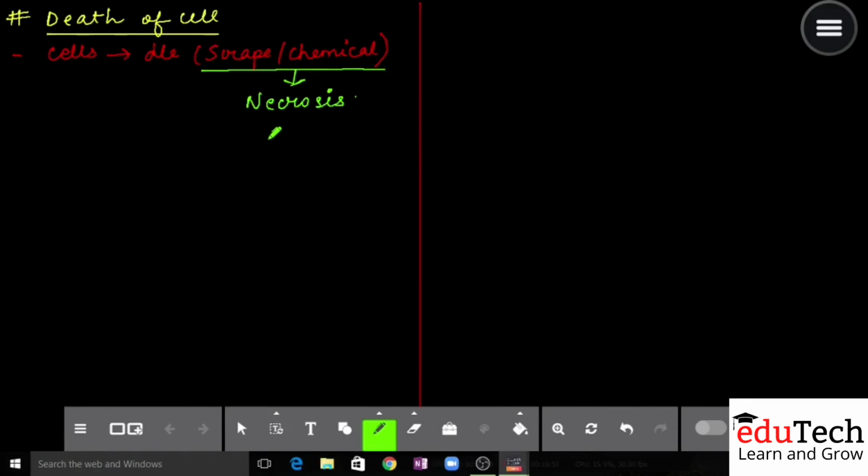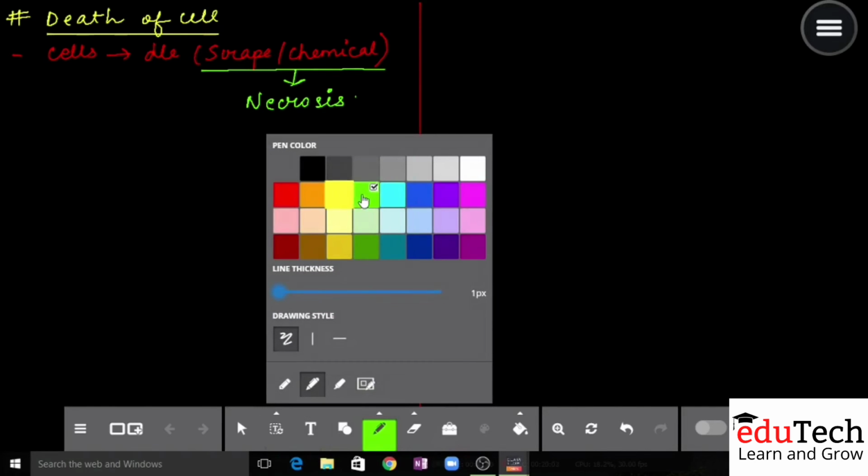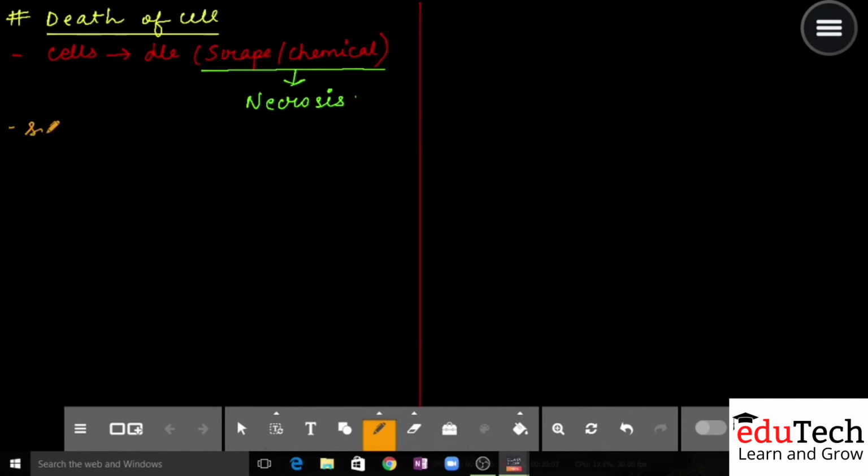Yeah, necrosis, extremely important. Okay, now there are also some cells which die, but in a very controlled way, not randomized, not haphazard, not haywire.